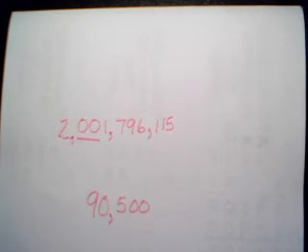What if our number was 5,023? Okay. Again, we're starting with 5 in our thousands. Okay. And then we have 23, 5,023.